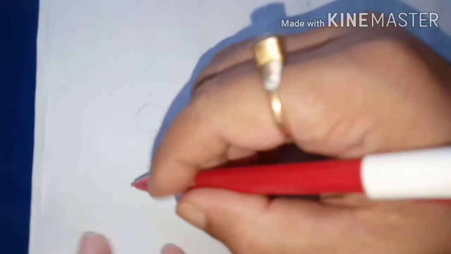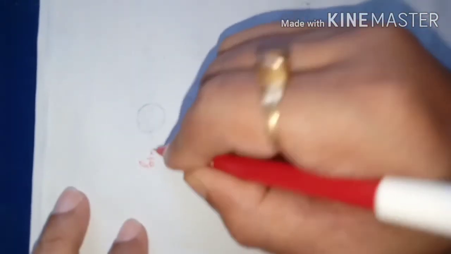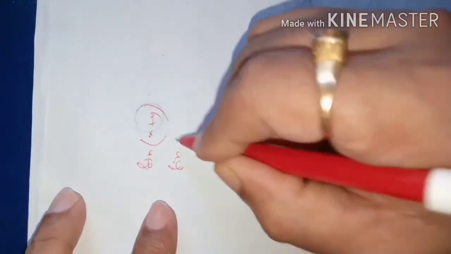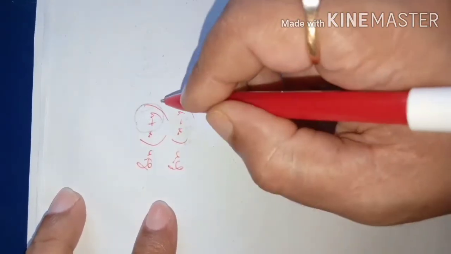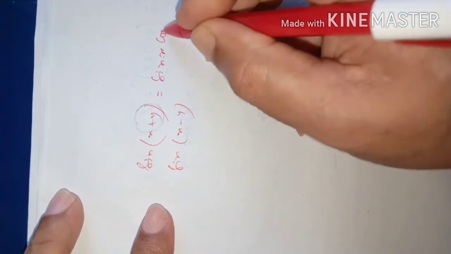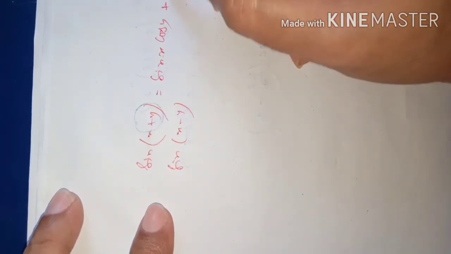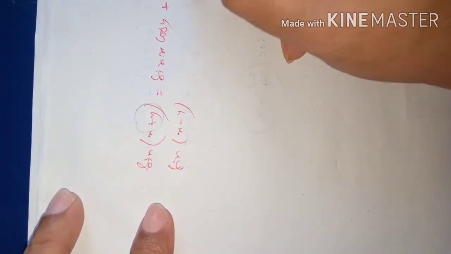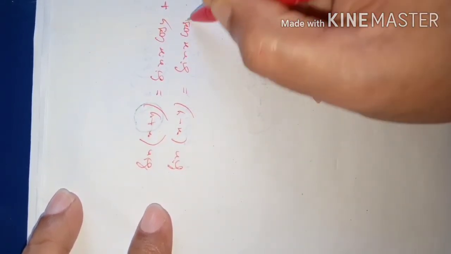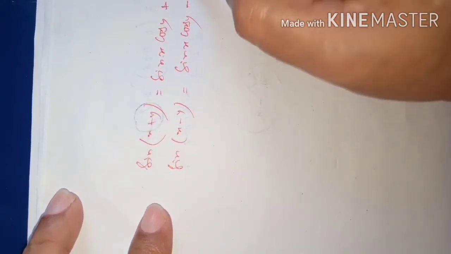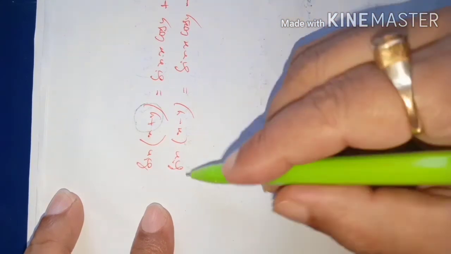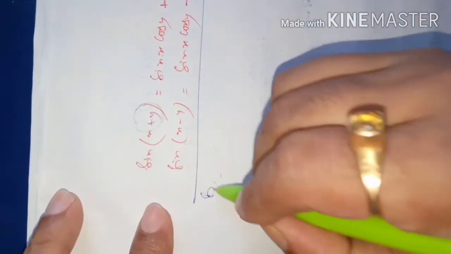Here, let me remind you about these identities. See, dear students, sin of x plus y and sin of x minus y. When we add these two expressions, sin x cos y plus cos x sin y, and sin x cos y minus cos x sin y, what do we get?